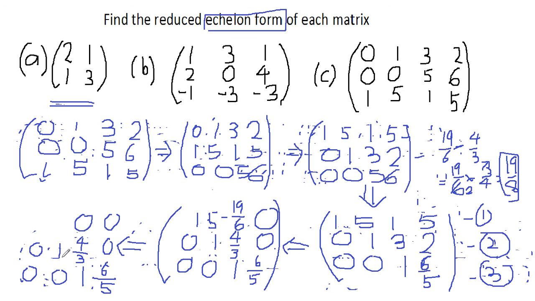And the same goes for this also. So 19 over 8 times 1 equals 19 over 8. 19 over 8 plus 5 equals 59 over 8. And this one will give me 1.